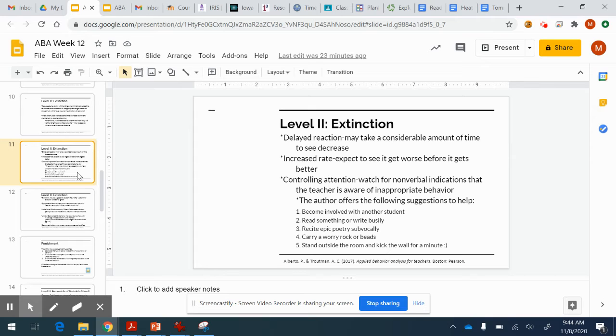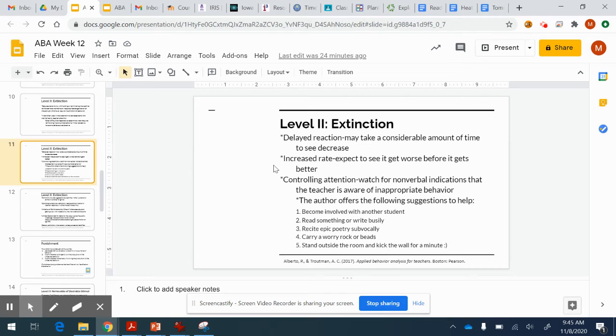It's often seen that the behavior will get a little worse before it gets better. When the student realizes that their prior tactics are not working to get teacher attention, they may up their game a little bit until they realize that nothing that they do is going to get them that attention. So when we're in that extinction period, we always see that things do get a little worse before they get better.